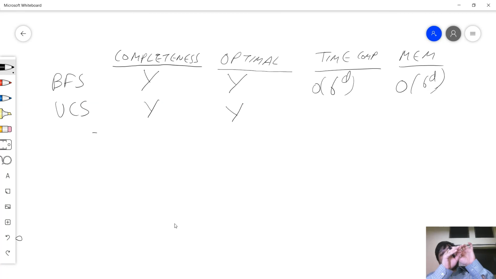The depth of the goal was, of course, known, but the depth of the longest path that I've seen till I reach the goal was unknown. So I derived what the length of the longest path that I've seen would be, and the derivation turned out to say that it is 1 plus C star by epsilon, and that's exactly the complexity.